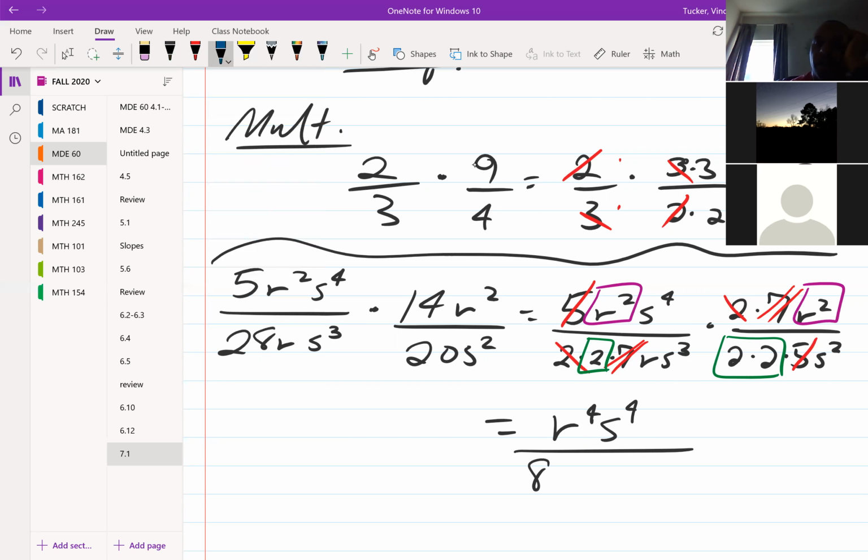Then we have s cubed and s squared. Couldn't combine that r with anything, but s cubed times s squared would be s to the fifth. So before we reduce these variables, questions on anything I've done.